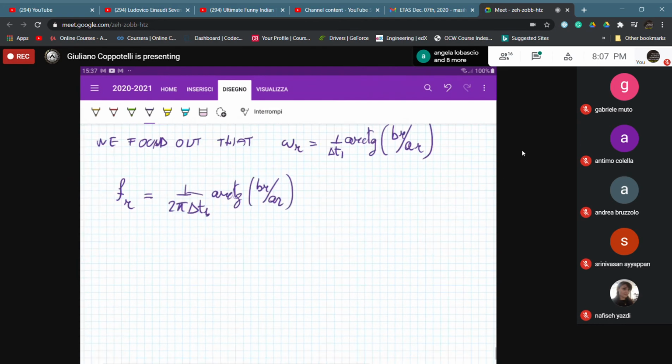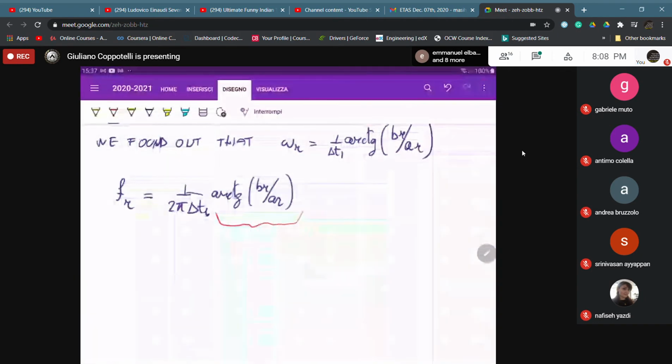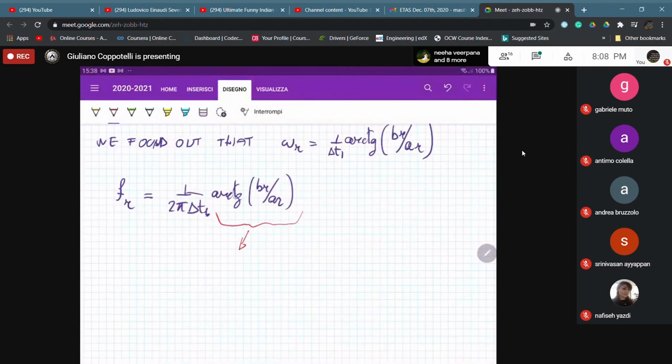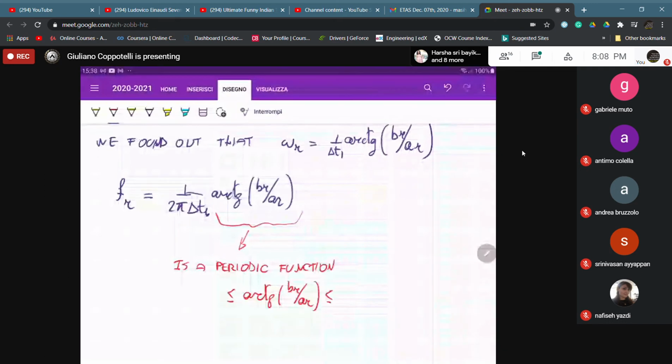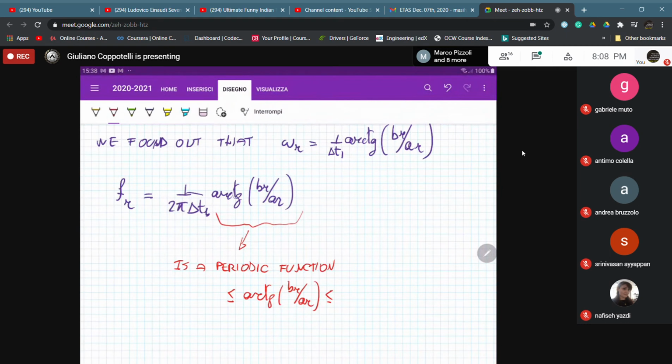So having said that, we have to consider that this arctangent function is a periodic function, whose values are limited from negative half pi to positive half pi.